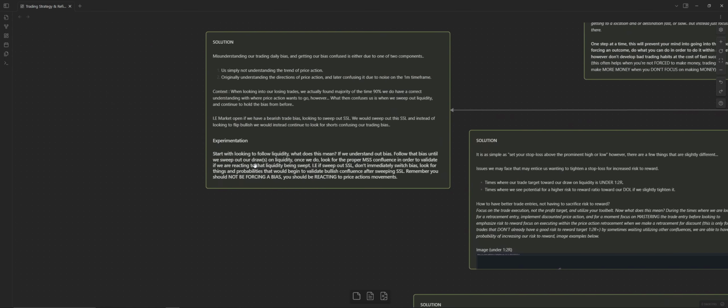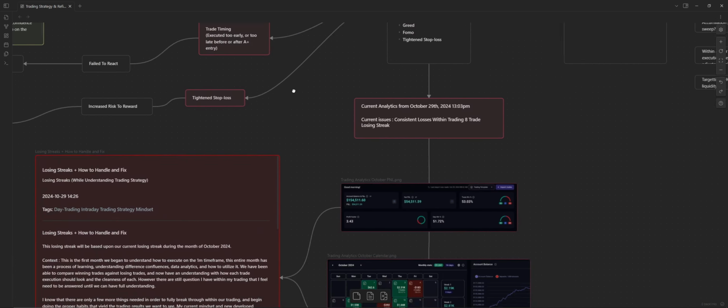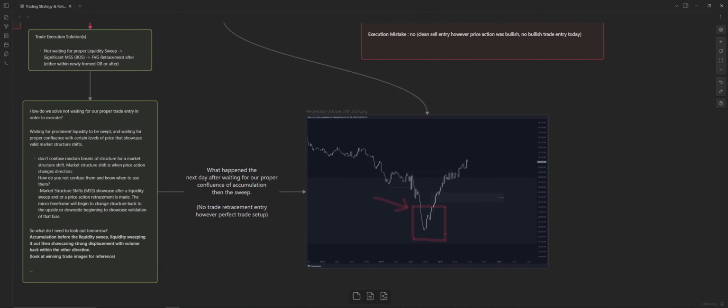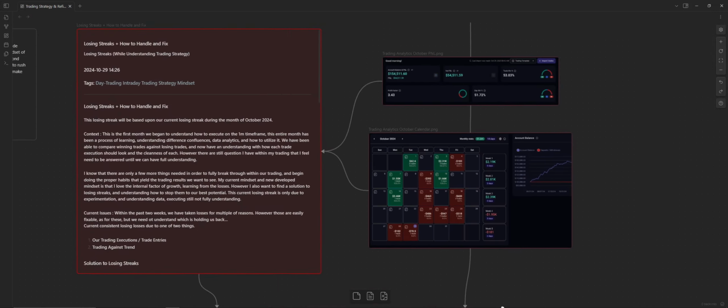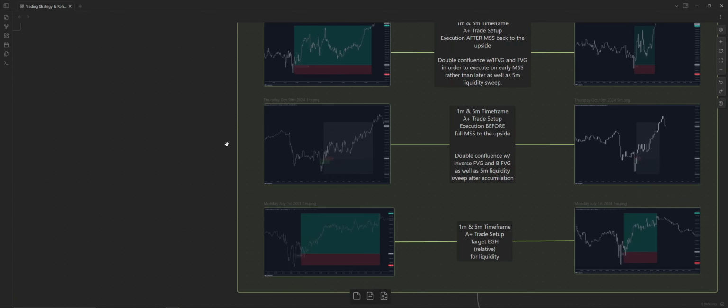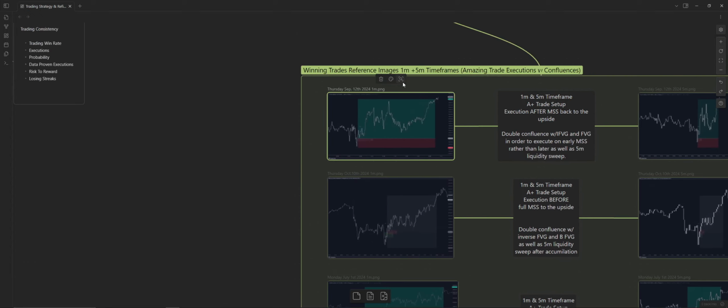It was just our mistake of not executing at the proper time after we swept out liquidity, and then going in and ensuring that we have the exact same execution over and over and over again, which we go to here. At least we can see the replication within the trade setup.